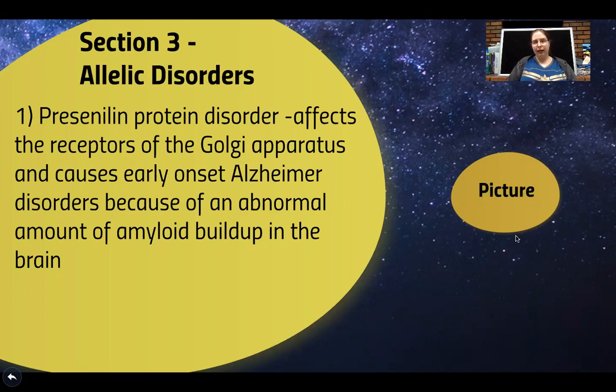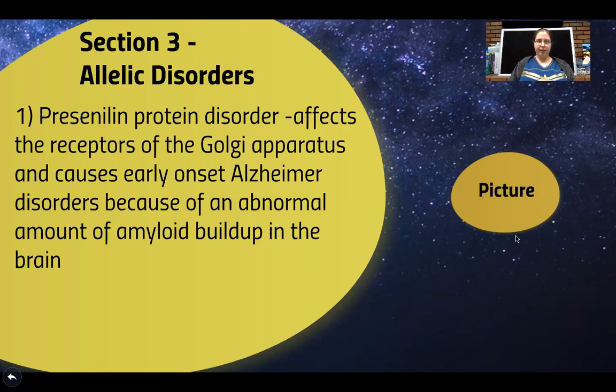And the reason for this is because there's an abnormal amount of amyloid built up in the brain. So specifically, this is affecting the Golgi apparatuses in your brain cells. Now it's affecting ones in other places as well, but it's because of the ones in your brain cells that we have the early onset Alzheimer's.